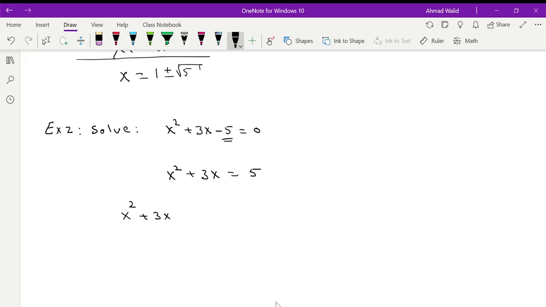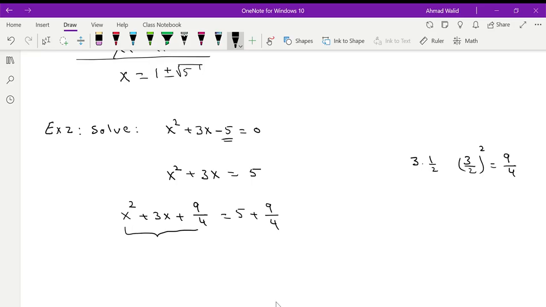Half of the coefficient of x is 3 times 1 half. It means 3 halves. And I will square it and I will add it to both sides. When you square this, it gives you 9 over 4, right? It means I'll add here 9 over 4 and also I will add 9 over 4 on the right side.